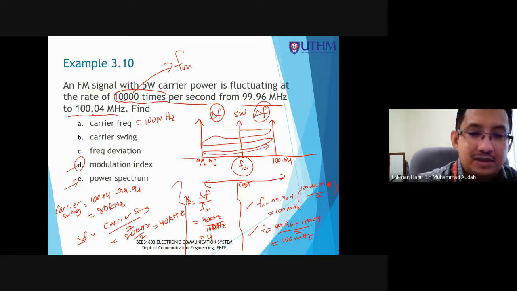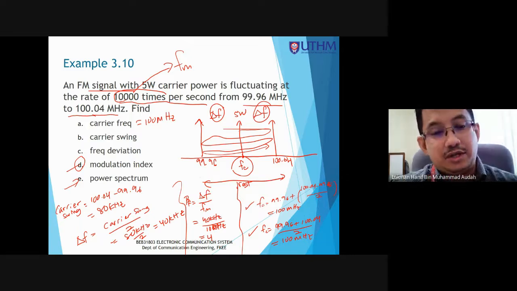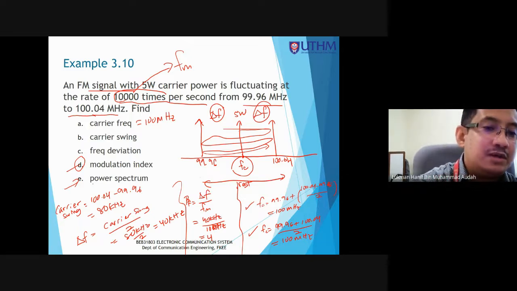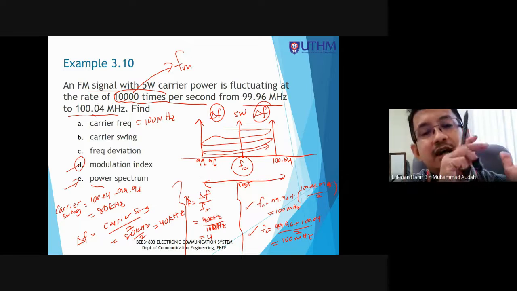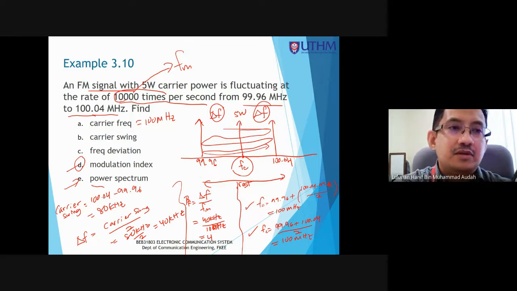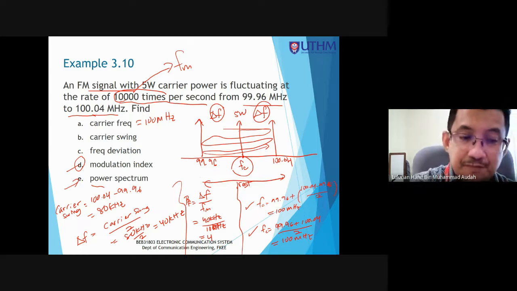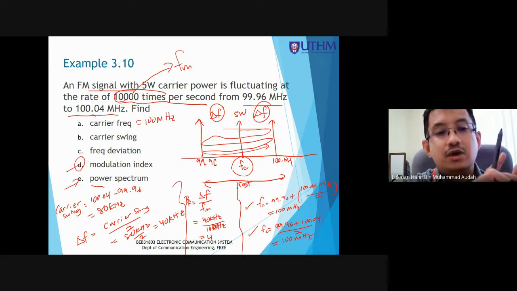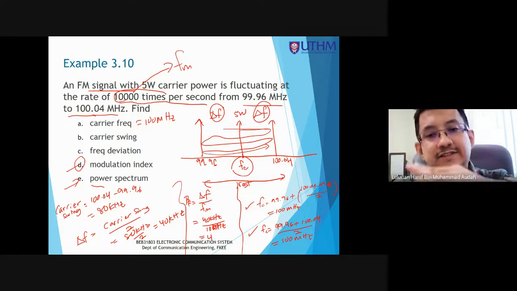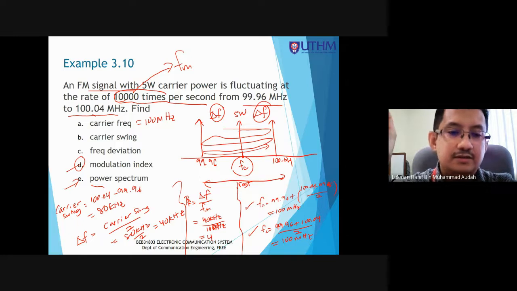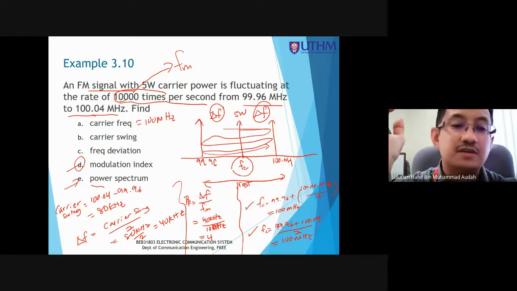So remember kelas dia tanya power spectrum. Tadi kita dah lihat amplitude spectrum. Kita dah pernah lihat relative amplitude spectrum. So kalau power spectrum bermakna power versus frequency. Dia nak tahu power dan dia nak tahu berapakah frekuensinya.